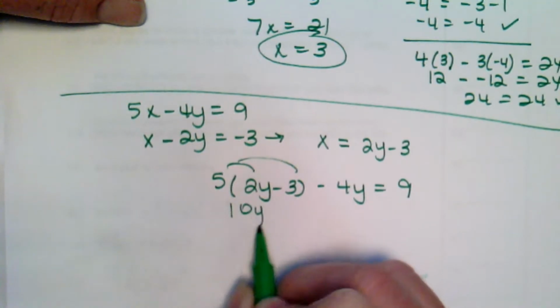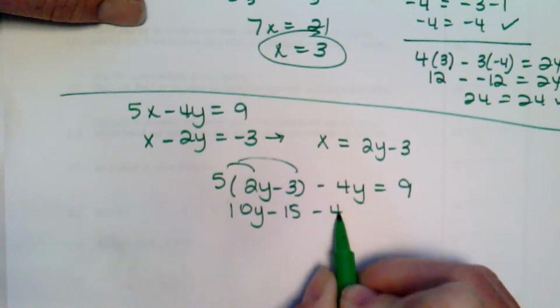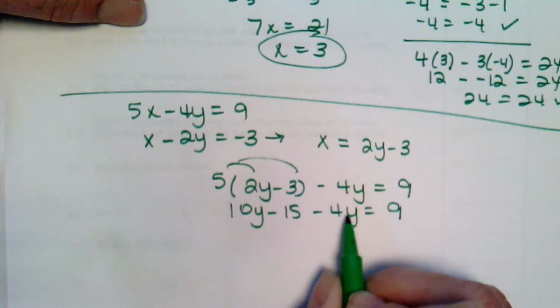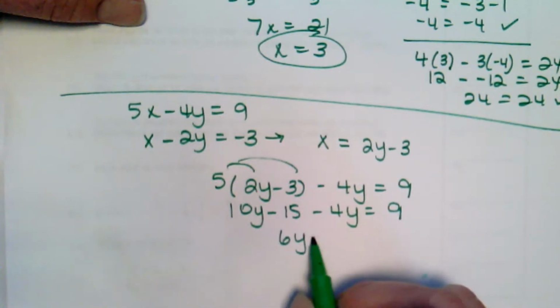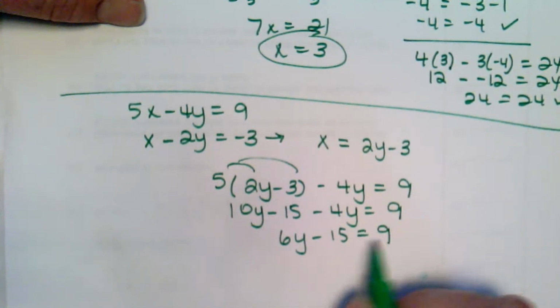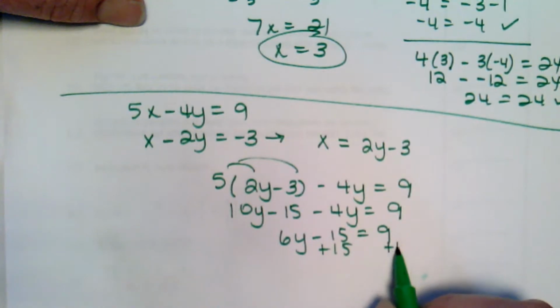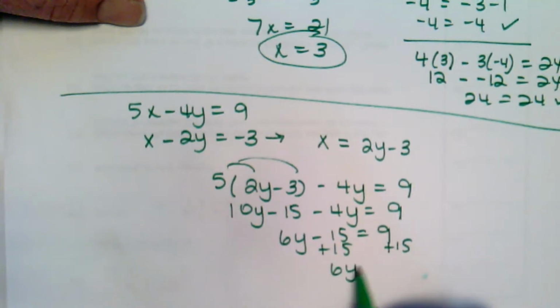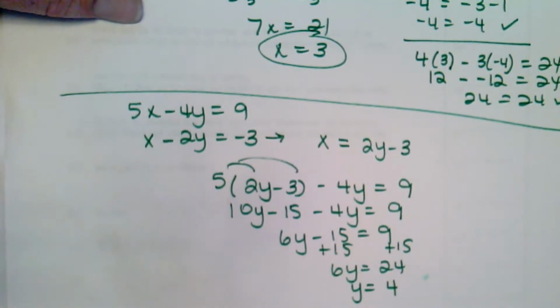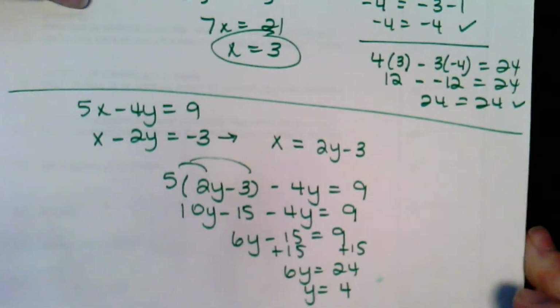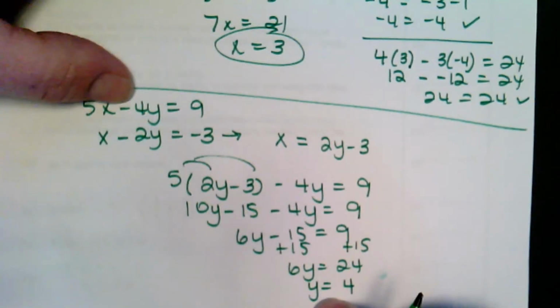Distribute. Simplify. Add 15 to both sides. And I get 4. Now I need to plug that back into either one of the equations.